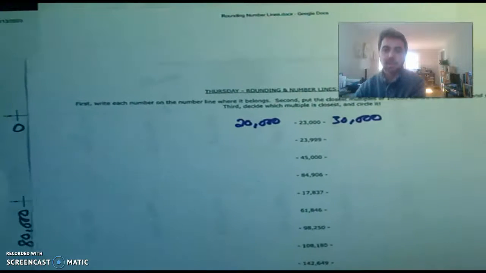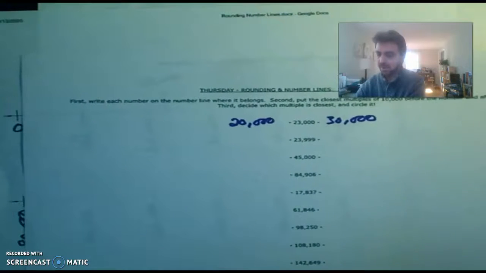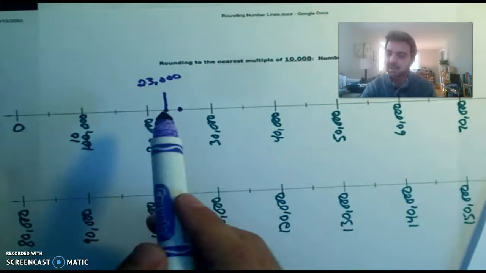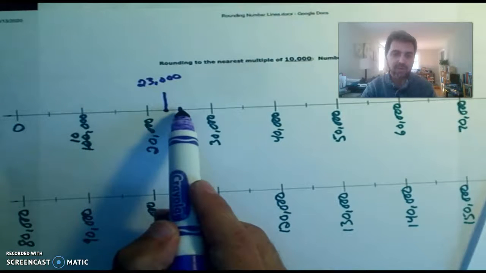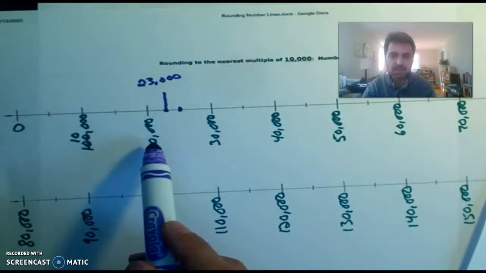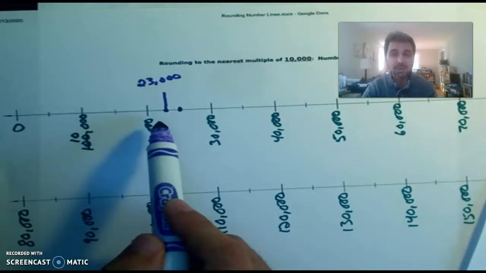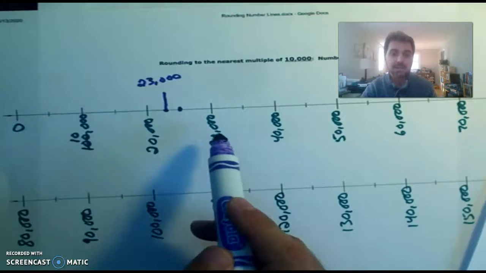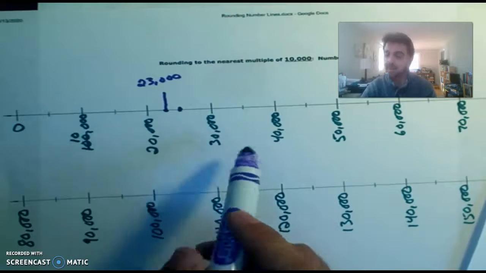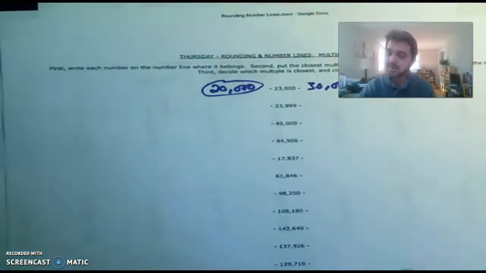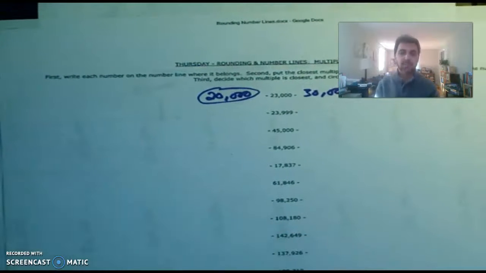Okay? Now, which one is it closest to? Because there's a 3 in the thousands place, it didn't get to 25,000 or higher. So you can see it's closer to 20,000. It's only 3,000 away from 20,000, and it's 7,000 away from 30,000. So it's closer to 20,000.